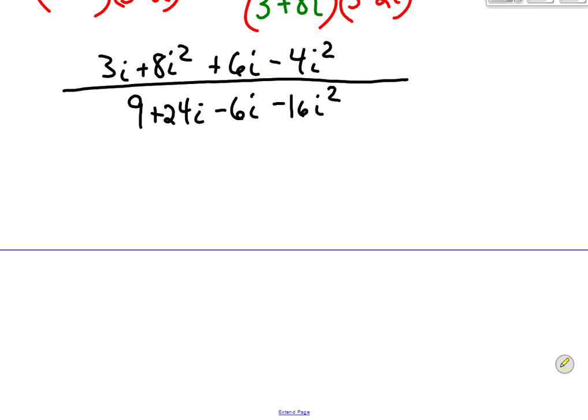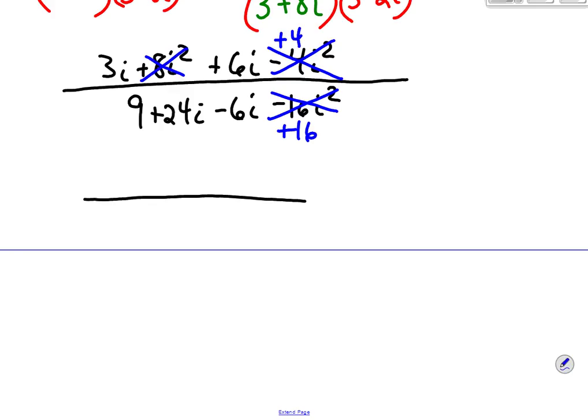I'll use a blue marker, and say that's now going to be plus 4. And I'll cross that out and say that's now going to be plus 16. Then let me write down what I end up with. Oops, I missed one. There's also this plus 8i squared. I'll also make that into minus 8.